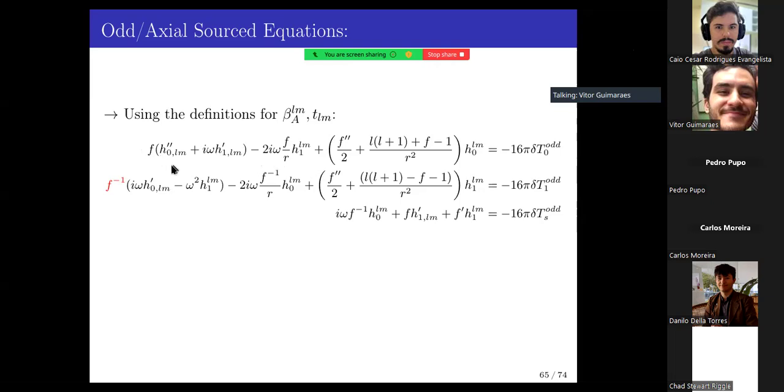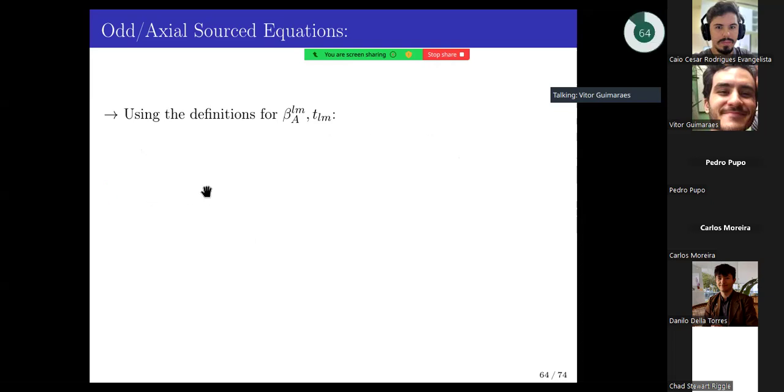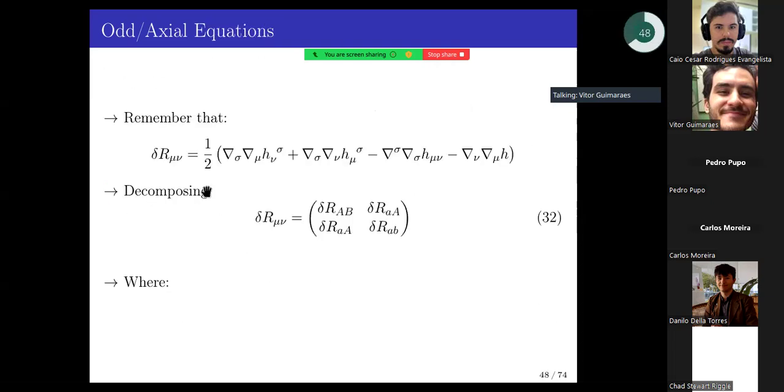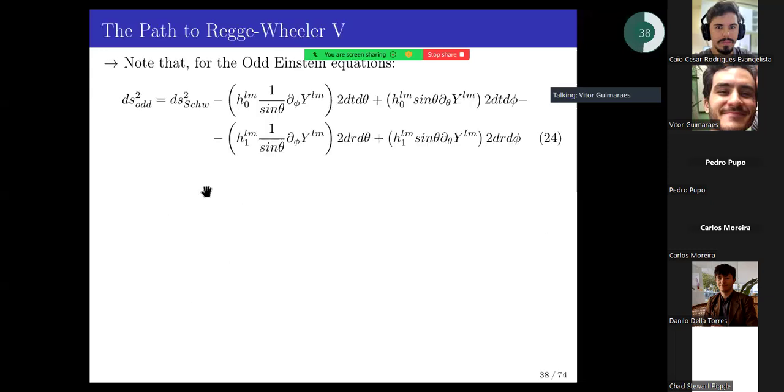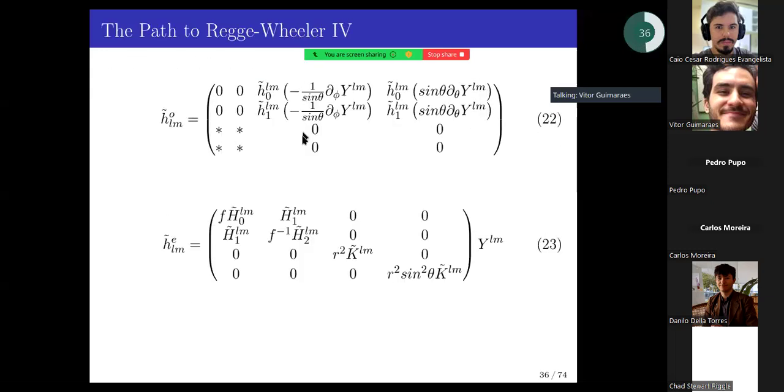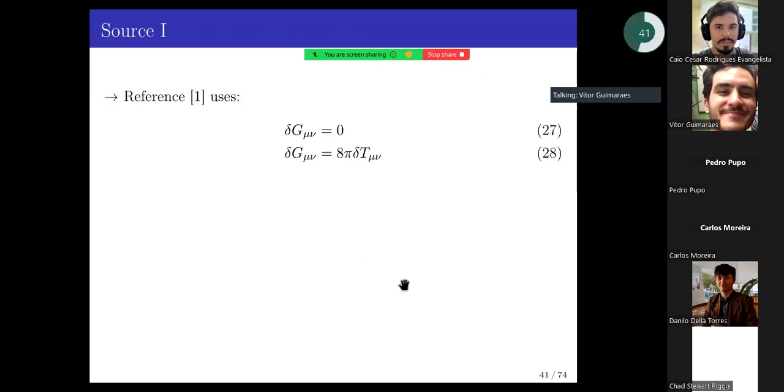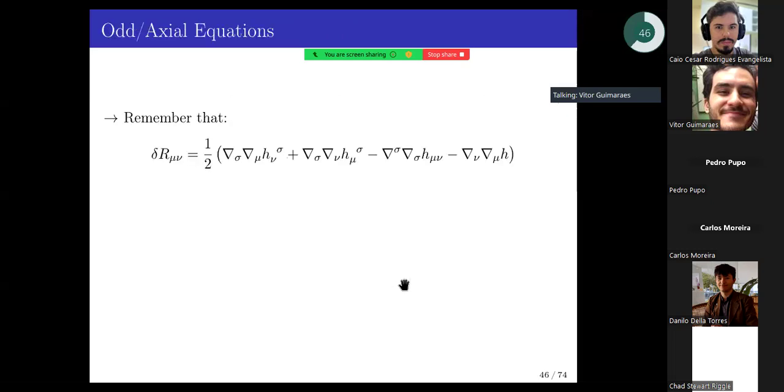Okay? Now, you see that here we have combinations of first and second derivatives of odd perturbation components. This H0, H1 here, right? All these 3 equations are combinations of first and second derivatives of H0 and H1, which are exactly the components of the odd perturbation, right? We are not dealing with any of these functions, capital H here, neither with K, right? Exactly because what we did was, well, we could have done this 2 ways, right?